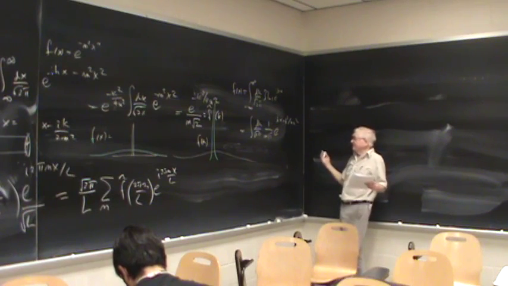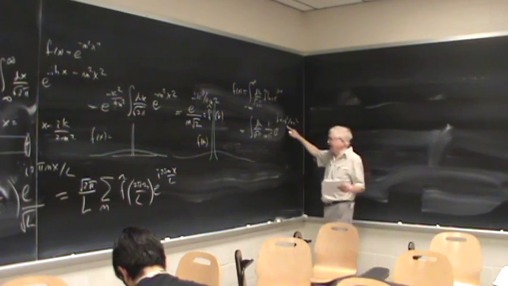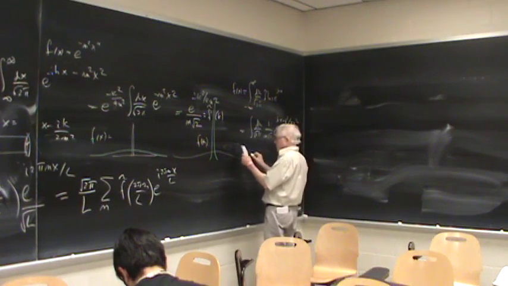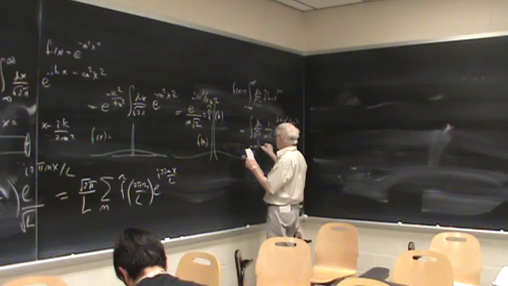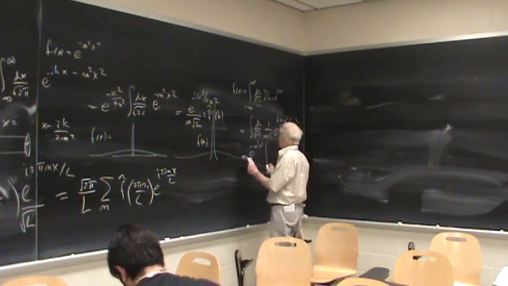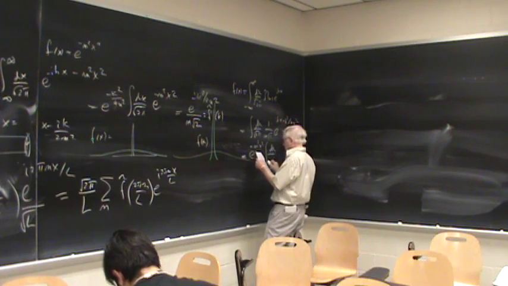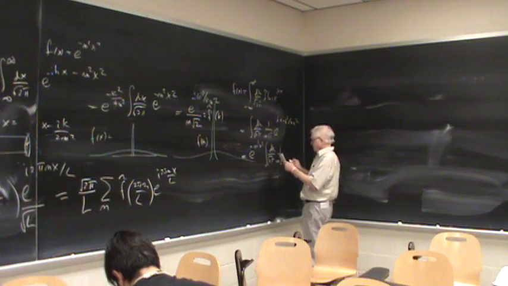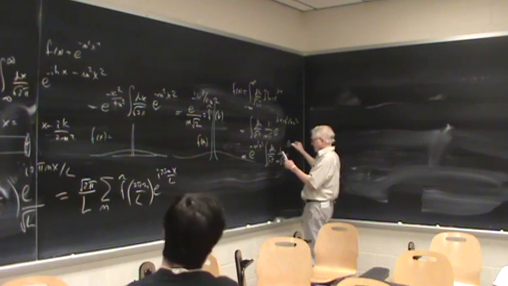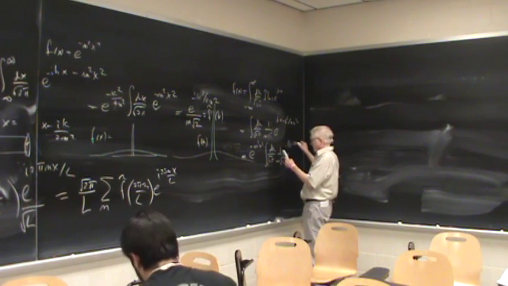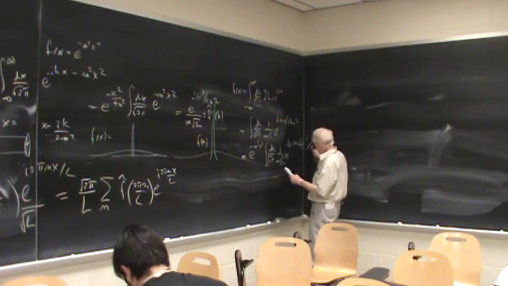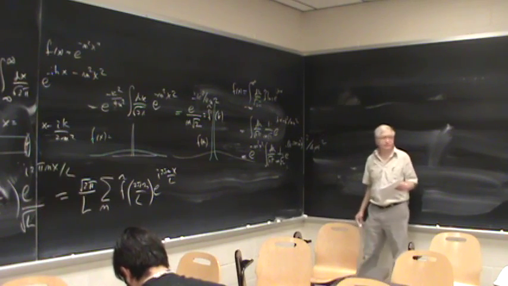Once again, we complete the square in k, and when we do that, we get this e to the minus m squared x squared out in front, and the rest is dk over square root of 2 pi, 1 over m root 2, e to the minus k minus i 2 pi m squared x, squared over 4m squared.